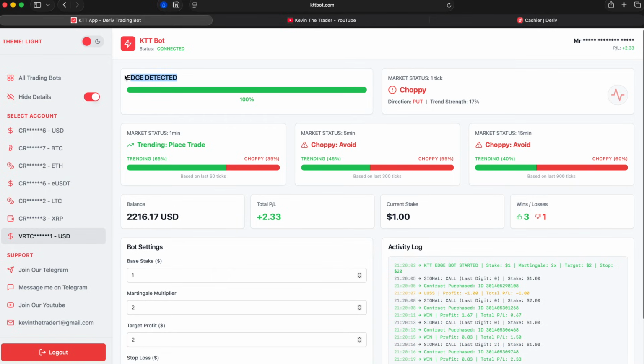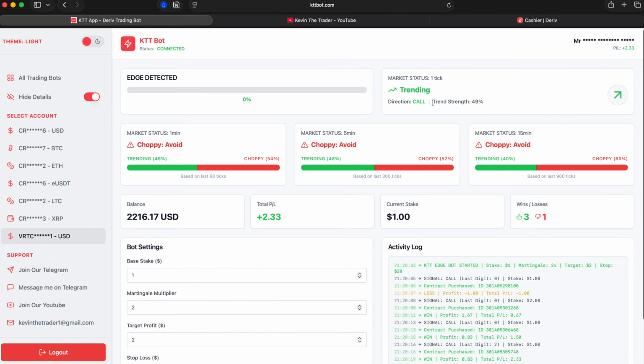Now the edge is detected, that gives you a point to start trading, because you can't start trading when the market is just in the middle of a tick, right? So when edge is detected, that means the market has now completed a tick, and then when it goes to another one and another one.